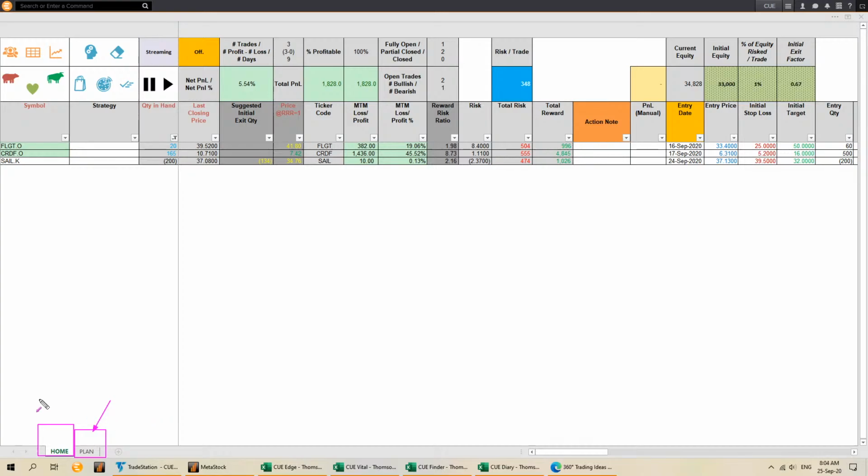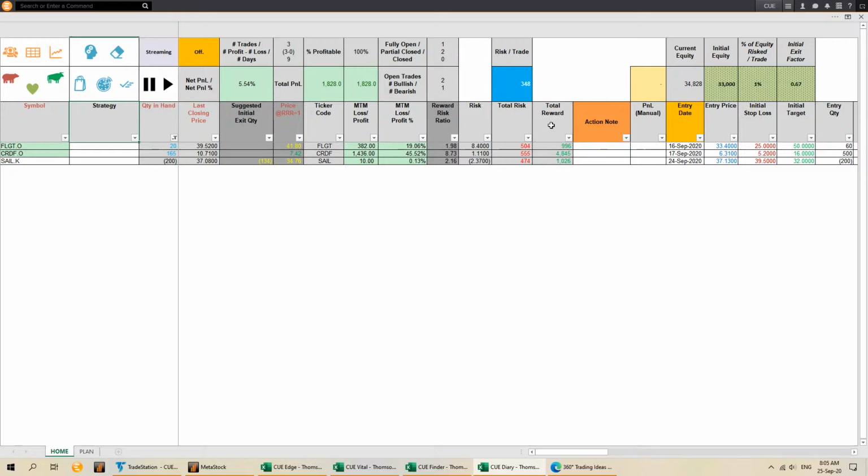Once we are happy with the reward risk ratio that is indicated by the plan, then we may take the trade on our brokerage platform, and then we may use the action button to transfer the planned trade to the trade log, that is the home page. These are the two tabs.